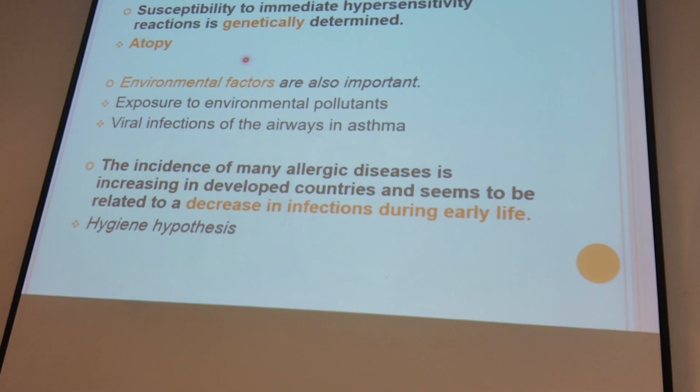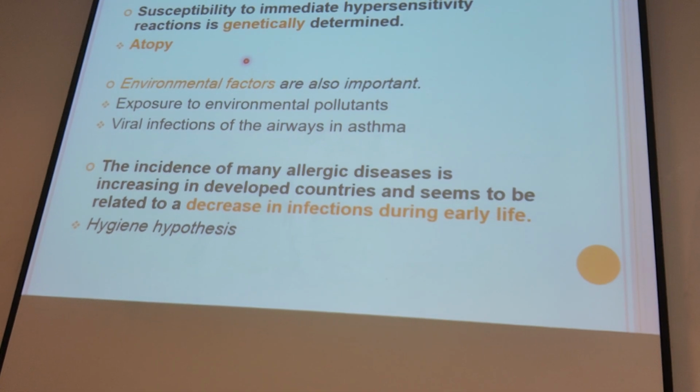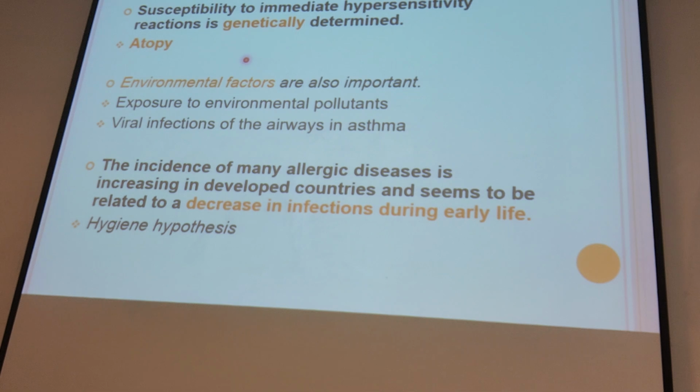Okay, you will learn it in pediatrics mostly. Some people are atopic. They show allergy to a lot of different kinds of allergens. And it is said that people that have not had exposure to infections in their early years of life are more susceptible to allergies.